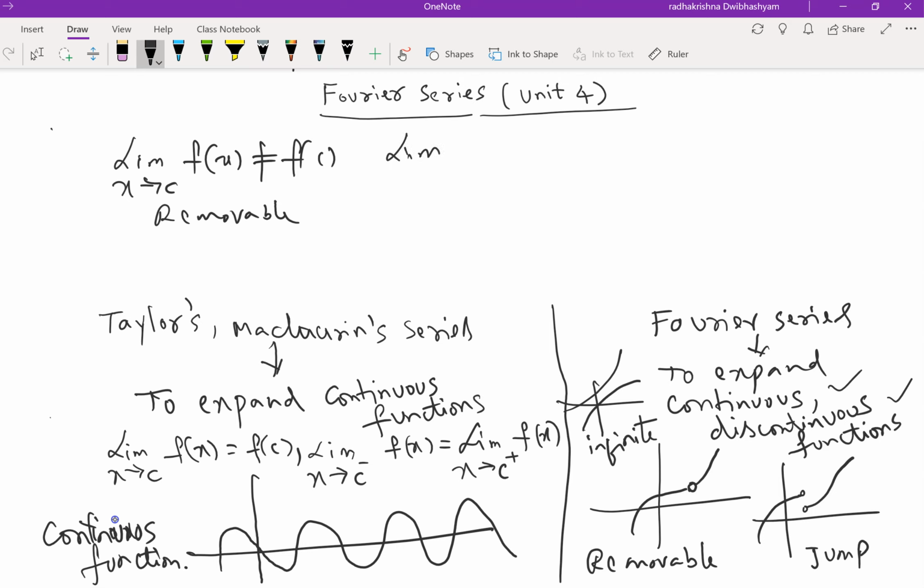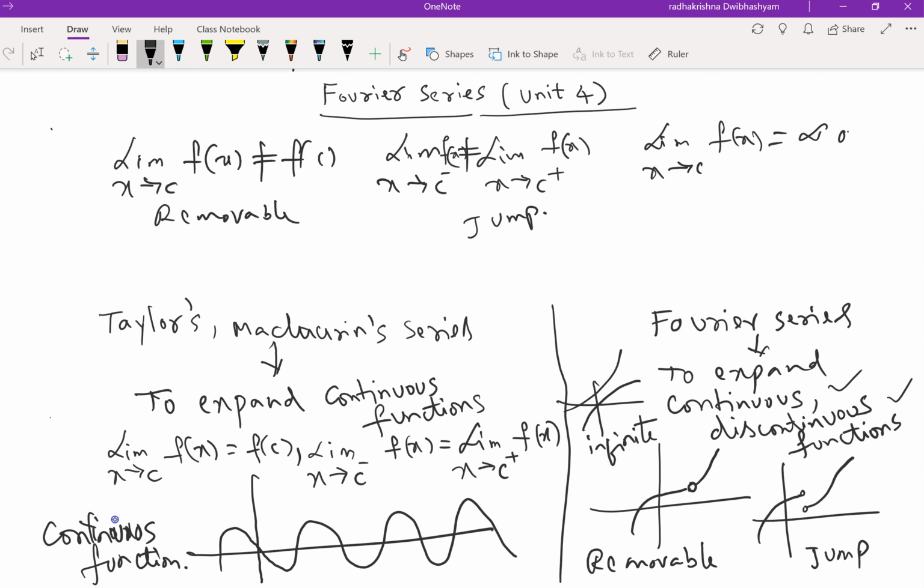And if limit x tends to c minus is not equal to limit x tends to c plus of f(x), then it is jump discontinuity. If limit x tends to c of f(x) equals plus infinity or minus infinity, this is infinite discontinuity.